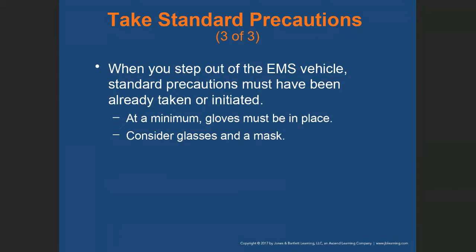Now, apart from using your appropriate PPE, so at minimum, gloves, goggles, and mask for patients with upper respiratory issues or lower respiratory issues. If you need to manage the airway, definitely goggles and mask.